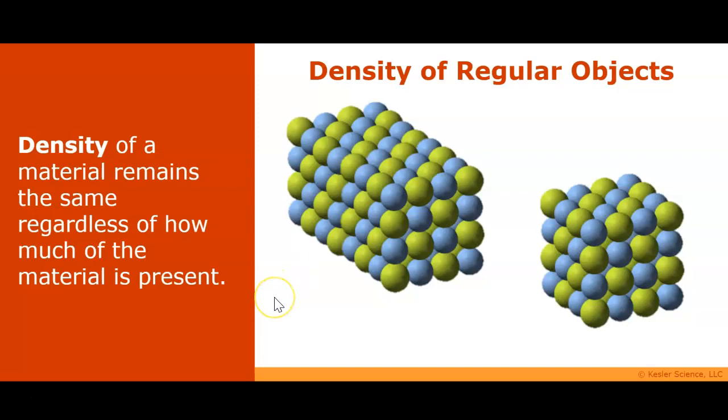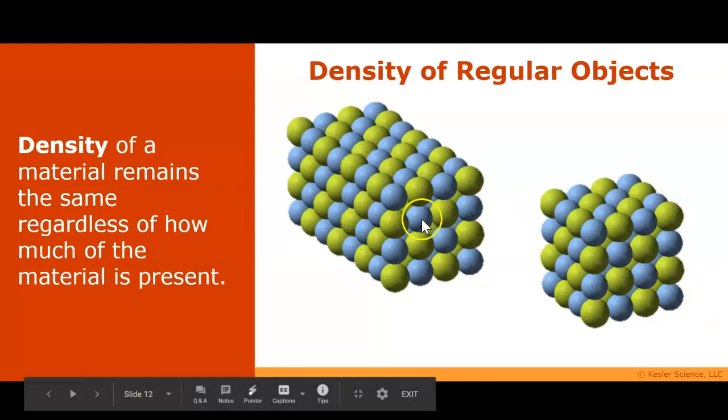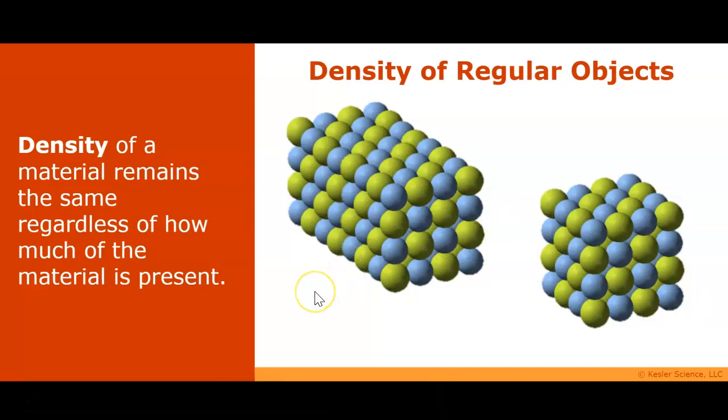So density of a material remains the same regardless of how much of the material is present. We have two pieces of the same material, but different sizes, and the density remains the same. That's why we divide mass by volume, because the density will be the same no matter what size that particular object is.